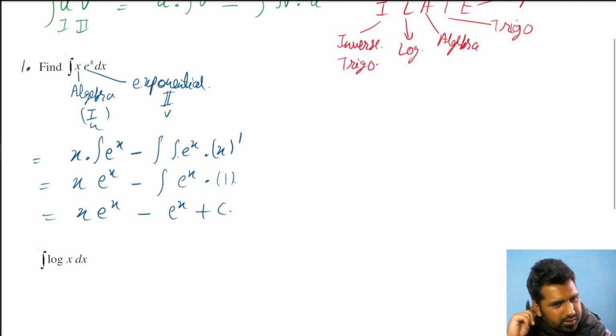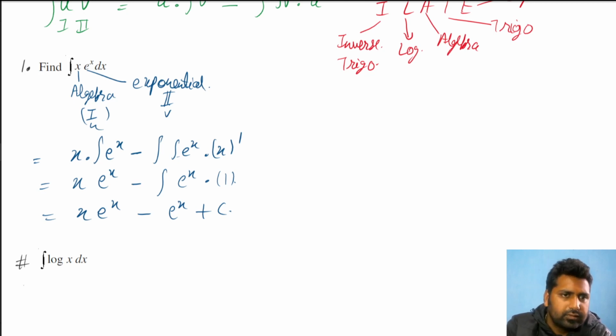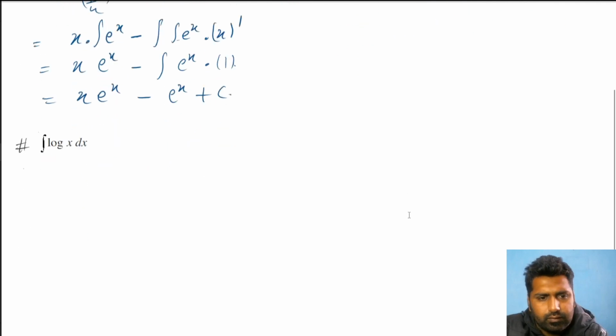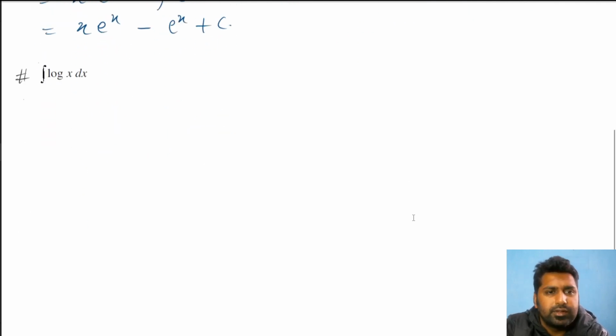So first of all, we know that if we integrate 1 by x we get log x, but so far we have seen a lot of formulas, none of the formulas was directly relating log x, because there is no such integration directly present for log x. So what do we do with this? And also, even if you want to apply by parts, there are supposed to be two things. Two things are not present here.